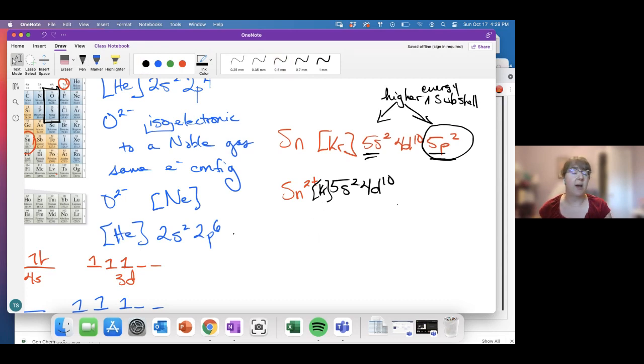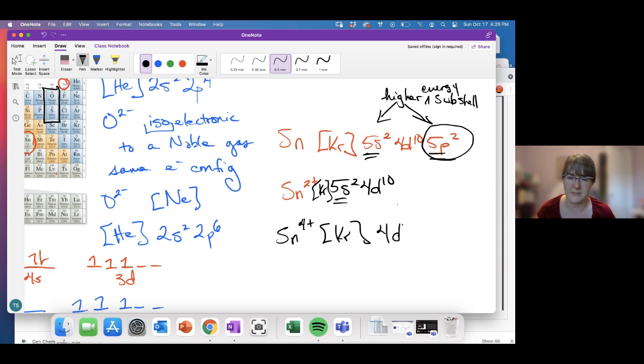So if you do have ones where you have that p block and you're removing electrons, you are going to remove out of the p subshell first because you've got the exact same value of N. You've got 5s2 and 5p2. So when they have that same value of N, you select the higher subshell. And just to remind you, if you look at it with a 4+ charge, we'll still maintain that highest value of N.